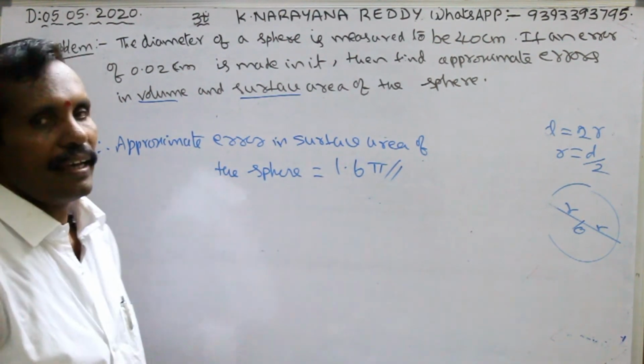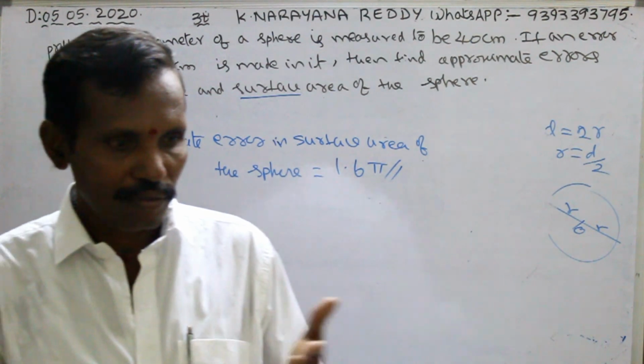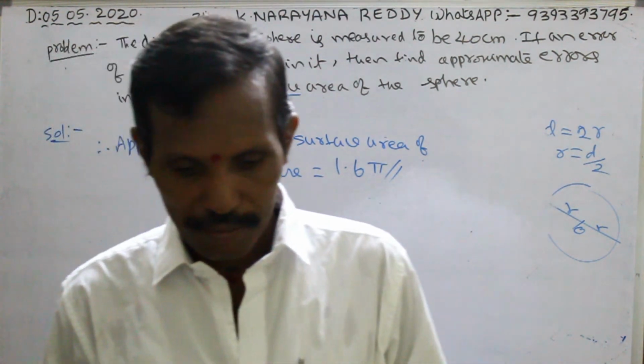In this way you can find the approximate error in volume and surface area of the sphere.